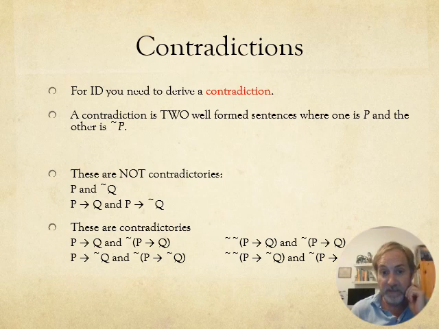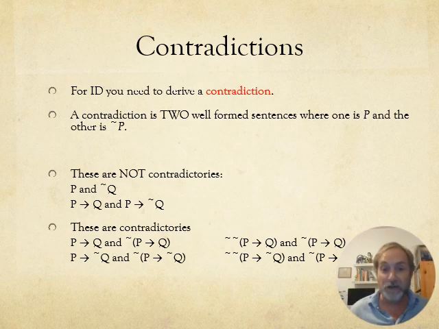So just because something has a negation in it doesn't mean it's necessarily a contradiction. P and not Q is not a contradiction, right? Or, for example, the conditional P then Q and another conditional, P then not Q, wouldn't be a contradiction either, because the negation is only of the consequent there.